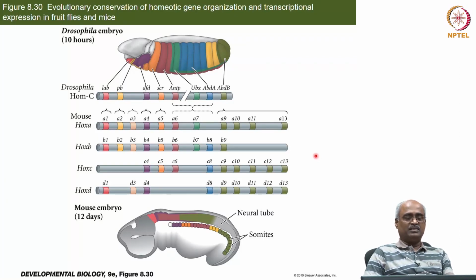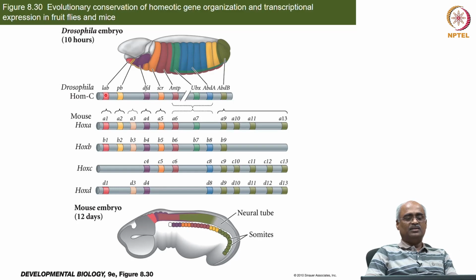Except that vertebrates have 4 copies of each of these. So there is only one cluster in Drosophila corresponding to these body parts, and the very extreme anterior head region is determined by 2 separate transcription factors. Okay, so I will explain that a little later. So they are not specified by the Hox gene. So these uncolored, the gray region. So these are the ones that are color coded correspondingly to their loci on the chromosome.